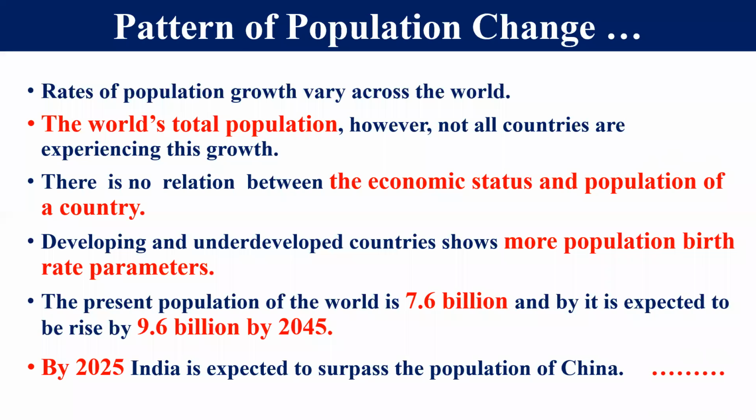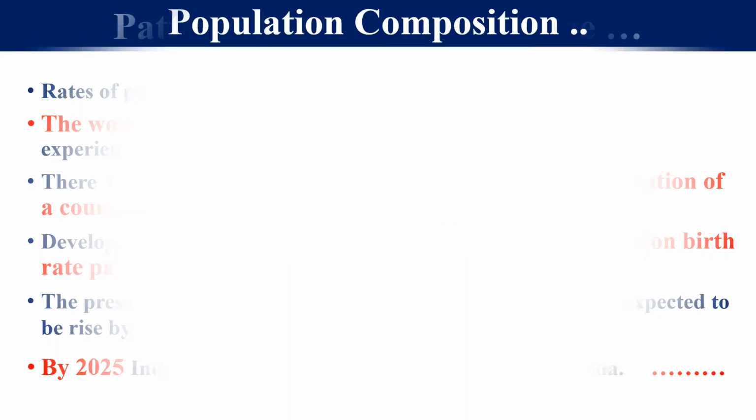It is thought that by 2025, India would be considered the most populated country. It means it would cross China also. The population growth rate is so high. So it's a very serious matter for us.